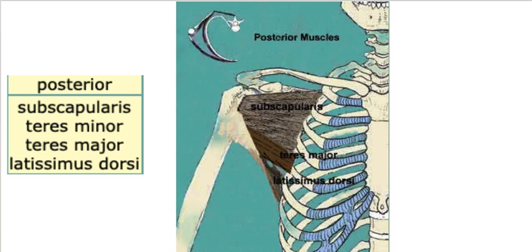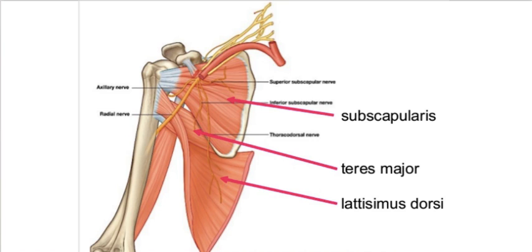Here, similarly, we see in this picture again, we have the teres major, latissimus dorsi, and the subscapularis. Another view, this is the Gray's Anatomy view showing the posterior wall of the axilla with the subscapularis, the teres major, and the latissimus dorsi.